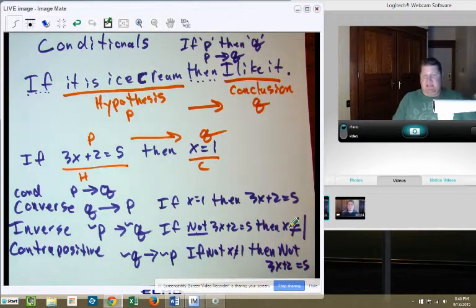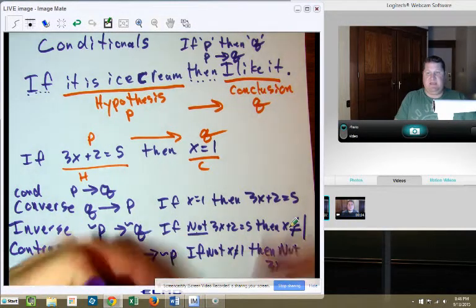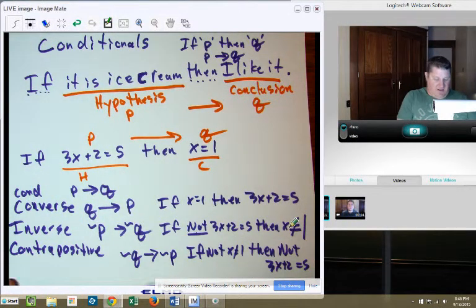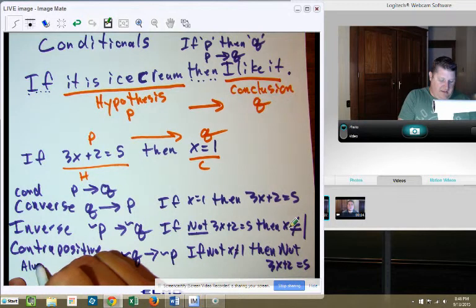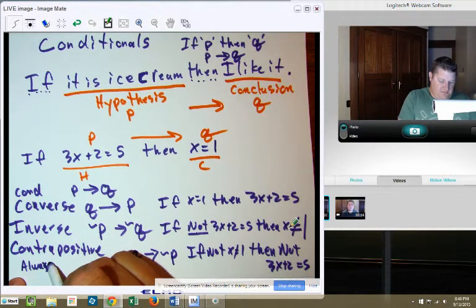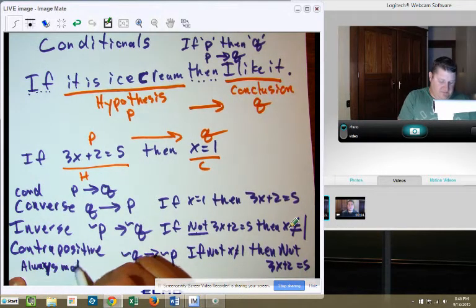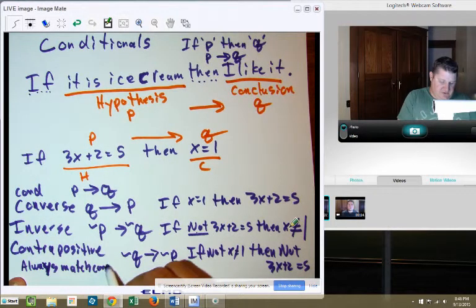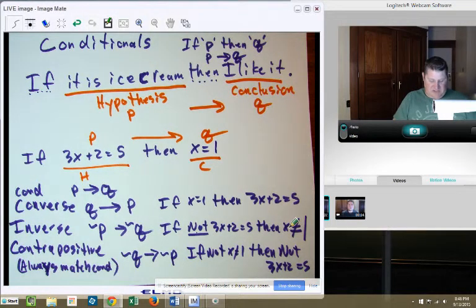So in this case, the contrapositive both switches them and makes them negative. The contrapositive will always match the conditional. So if the conditional is true, the contrapositive is true. If the conditional is false, the contrapositive is false, and vice versa.